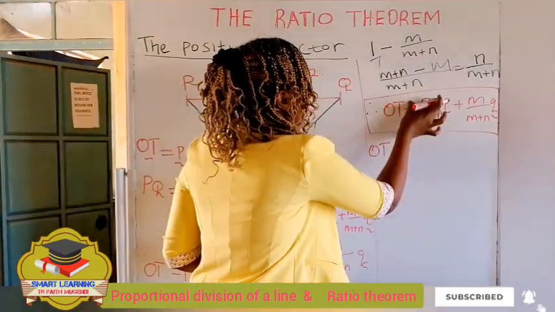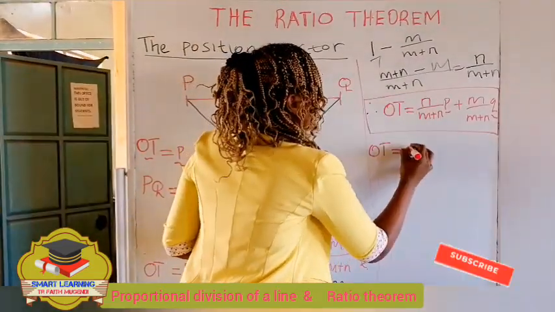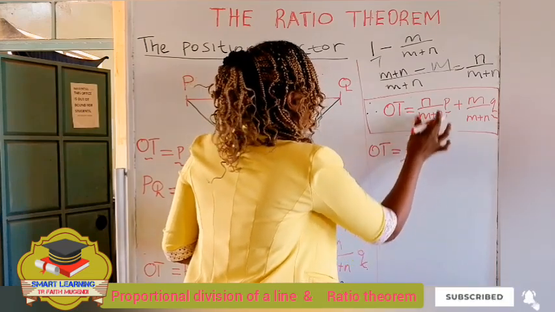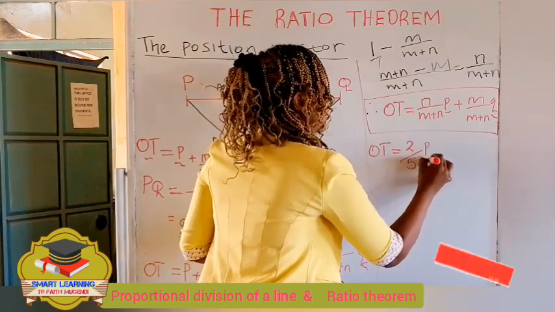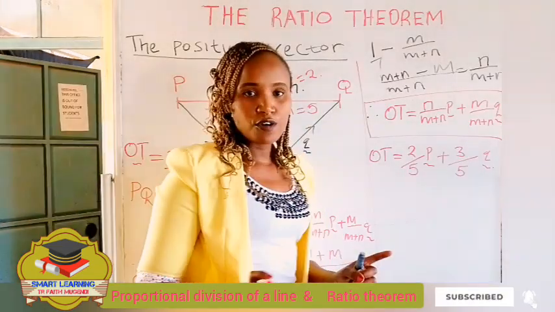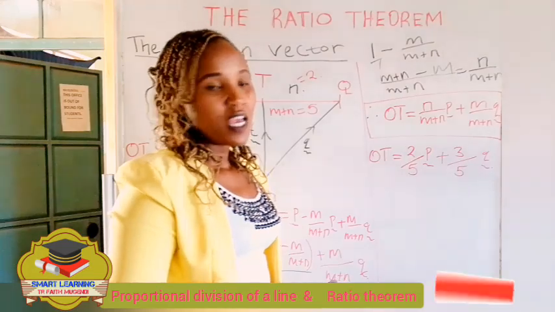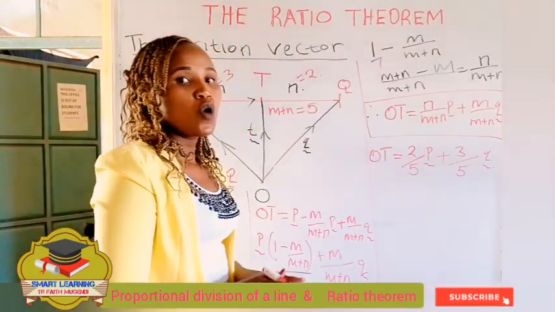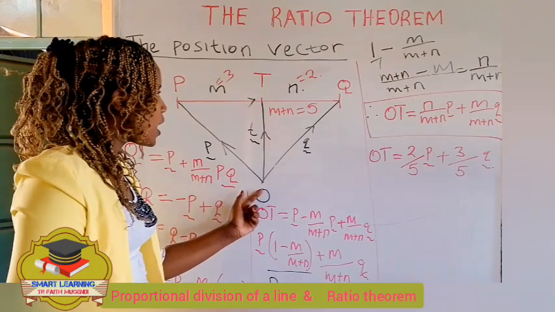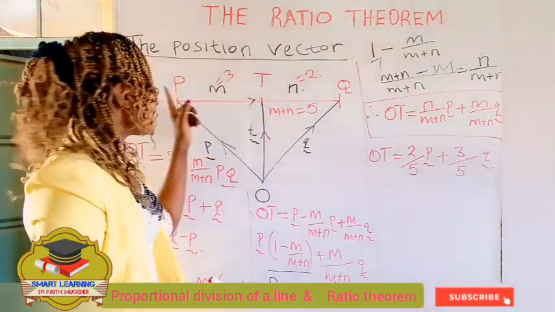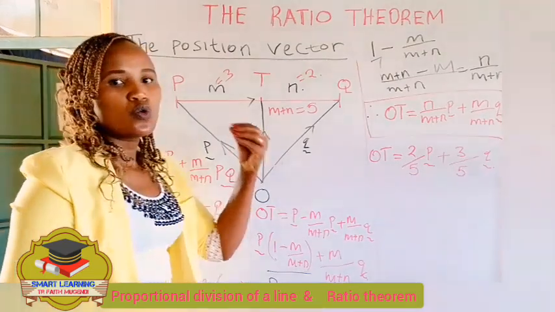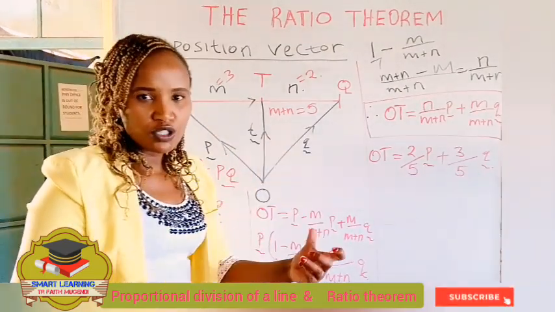So what is n? n in this case is 2 over m plus n, 5, P, then plus, what is m? 3 over 5 Q. Therefore, the ratio theorem is very important when you are expressing a position vector of a point that divides any line into a given ratio.